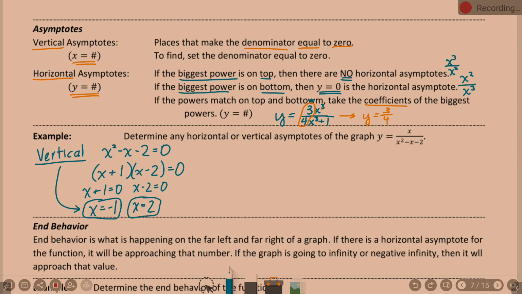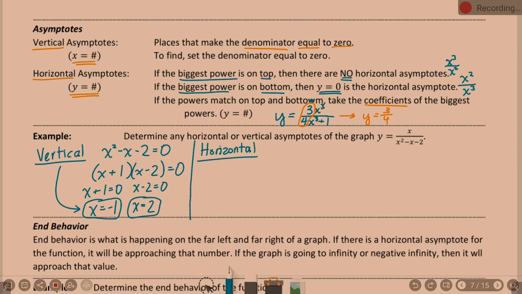Well, you got vertical out of the way. Now we've got to talk about horizontal asymptotes. What do you notice about horizontal asymptotes? It depends on the biggest power. Where is my biggest power? On bottom. What is the largest power on top? 1, x to the first.